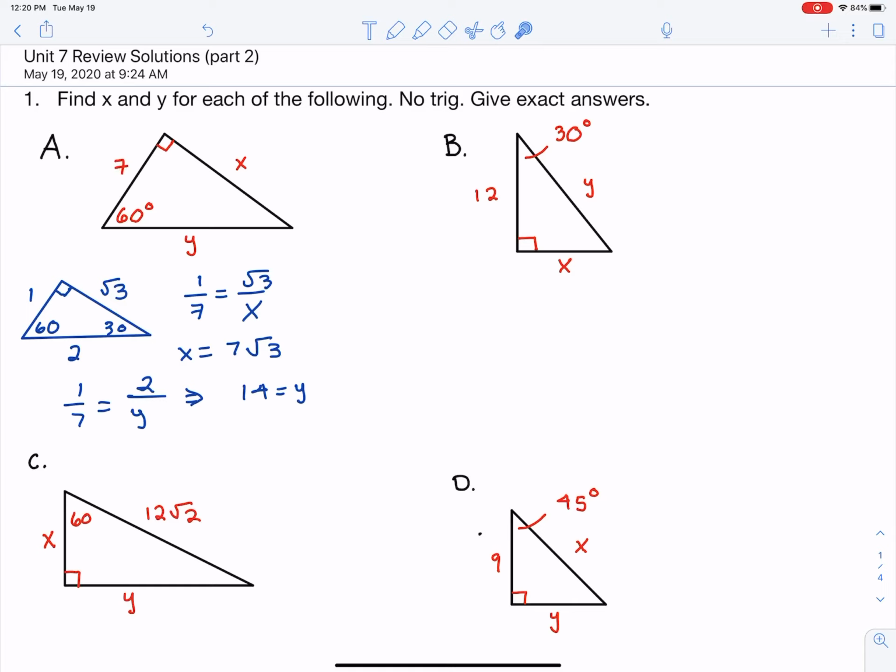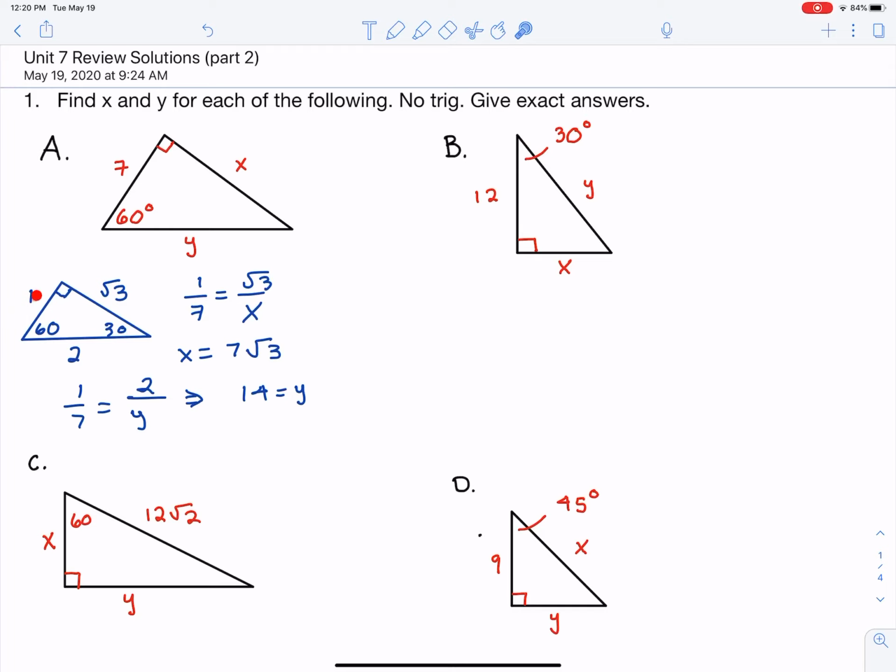No need to set up our similar triangles. Same thing. I know this small side is 1, and this is root 3, and 1 times root 3 is root 3. In other words, if I take this number and multiply it by root 3, I'll get this. So 7 times root 3 is 7 root 3, which is what we got there. Again, no similar triangles needed.